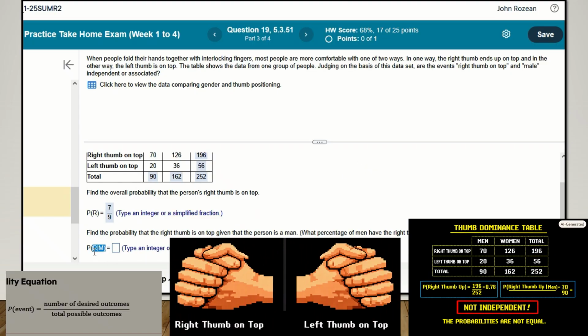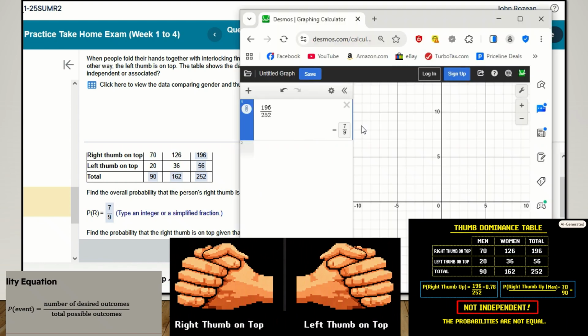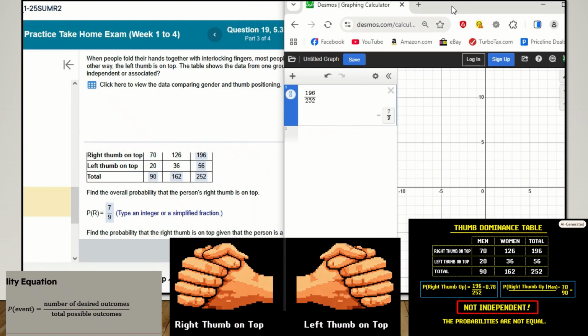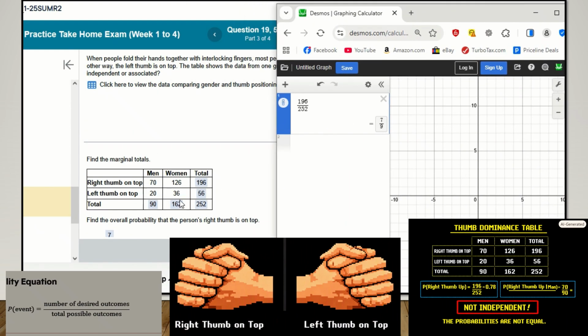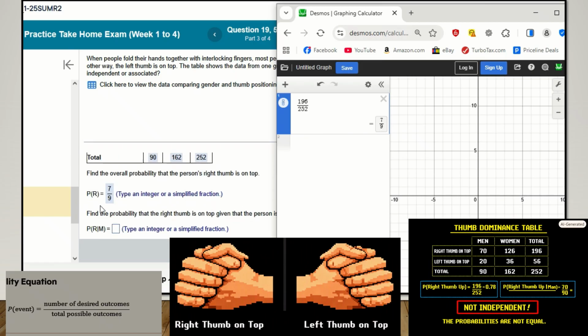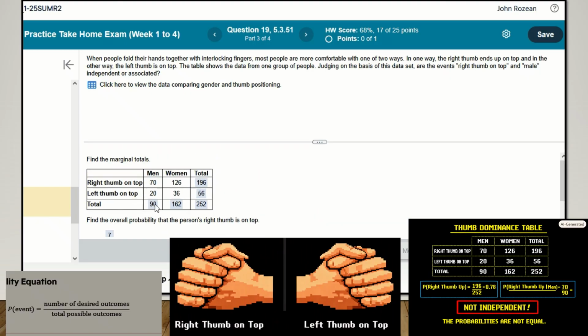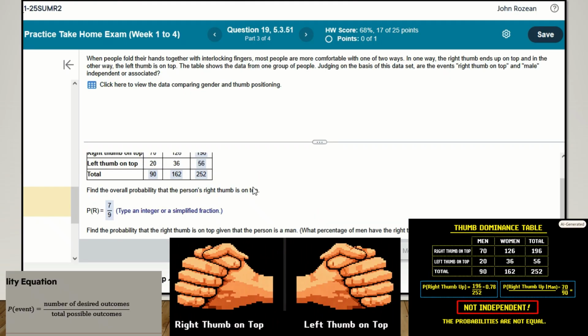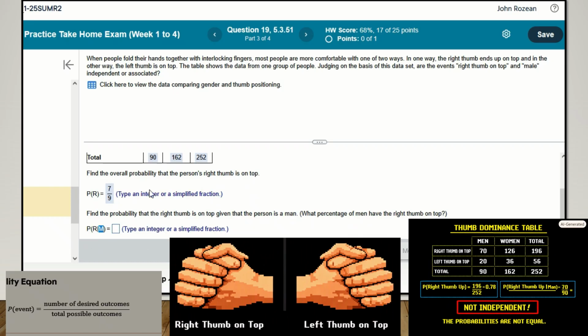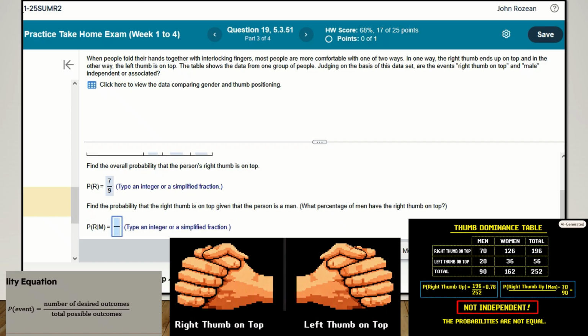Now we're getting into that conditional probability. To do that, we have to calculate the probability of being right-thumbed given you're male. So all we're going to do is take that out of the total males. The total males was 90, right?